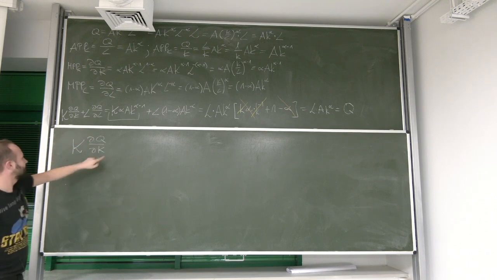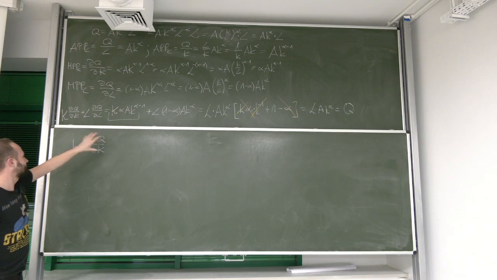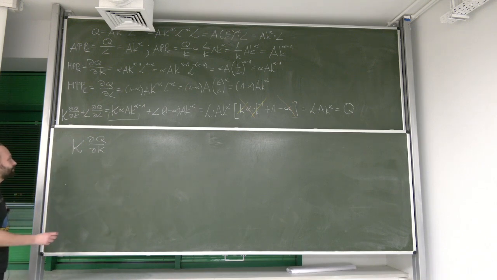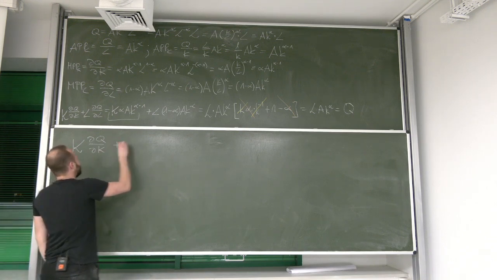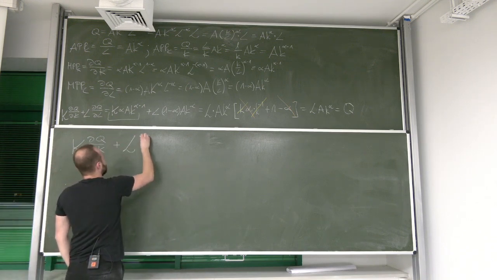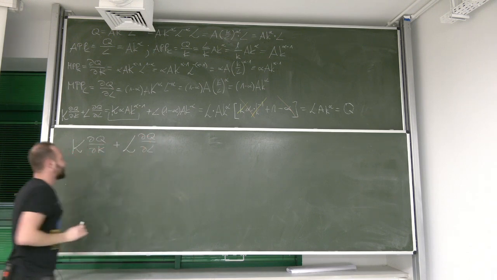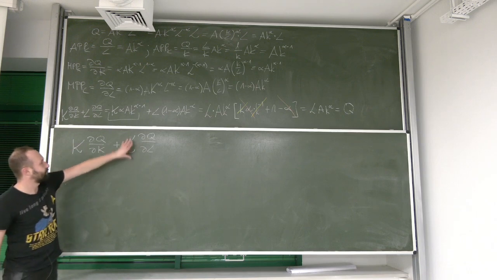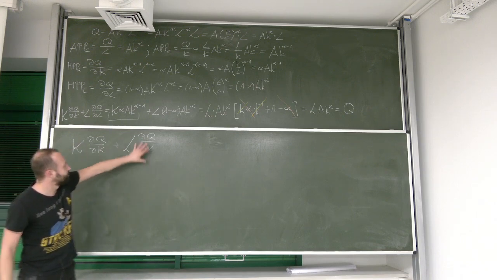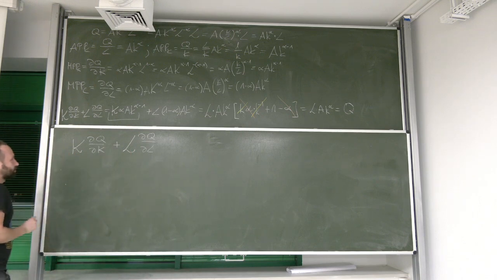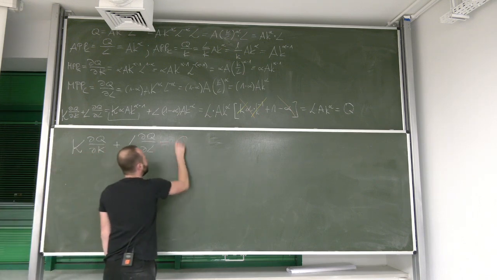So this is how much we pay for the capital, so the rate, and this is how much capital we use. This is spending on capital. We have the same for labor, how much we spend on labor, how many units of labor we use, how much we pay for the unit according to its marginal product, and this is equal to Q.